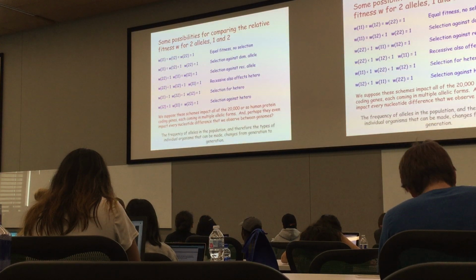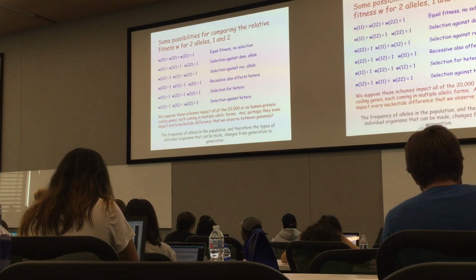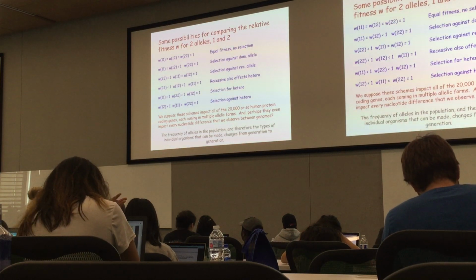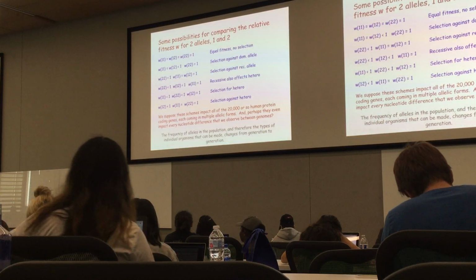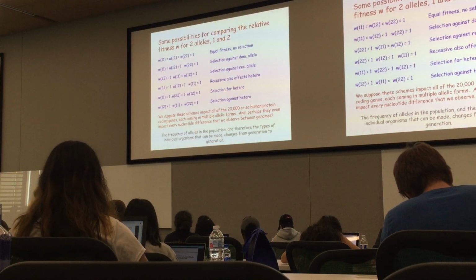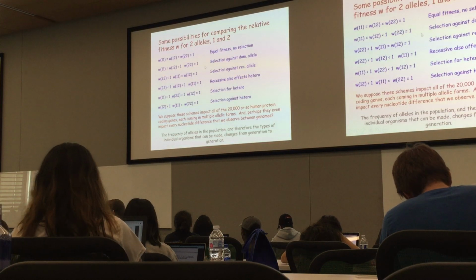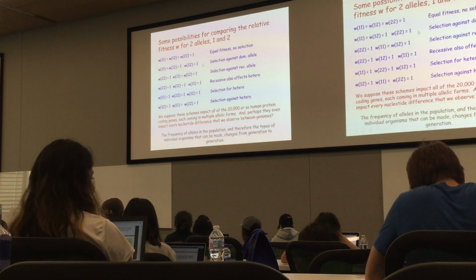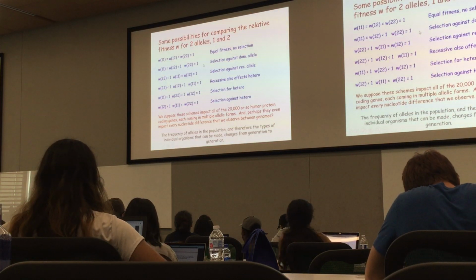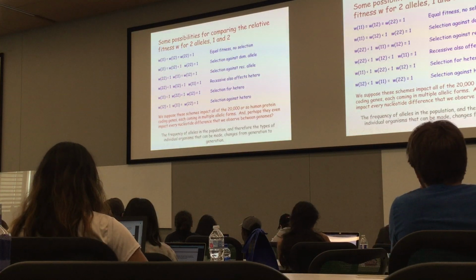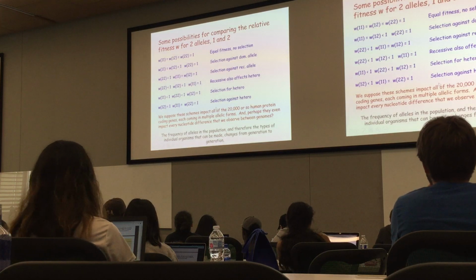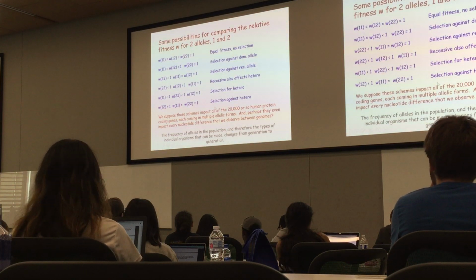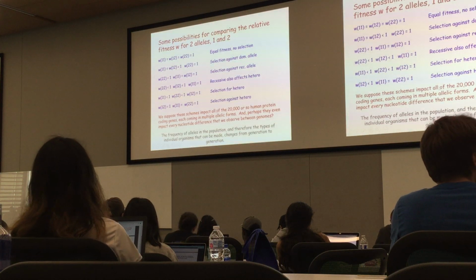The table goes through that dramatic example, but in reality, probably the fitness values would be very, very close to 1. And the note here is just to say that we suppose that these schemes impact all the alleles of all the possible 20,000, let's say, genes in humans or mouse or whatever, all of which come in all these allelic forms, but there may be just exceedingly small fractional fitnesses or fitnesses that we can't even imagine or determine.